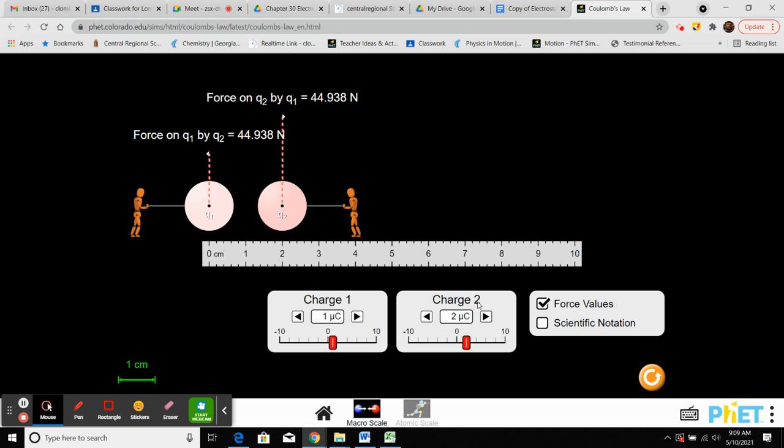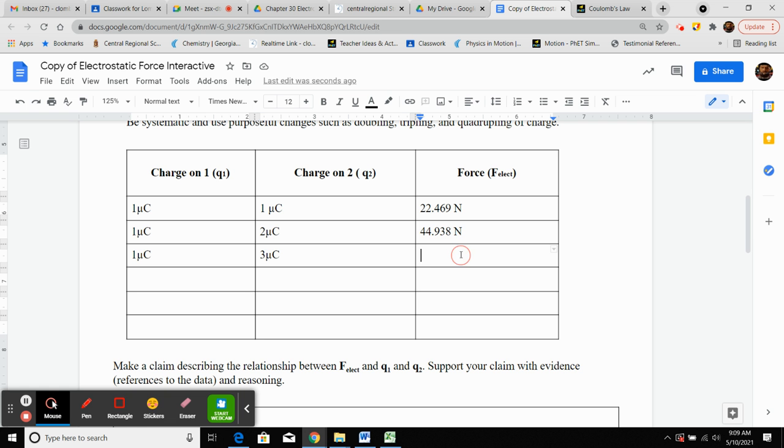So by tripling one of the charges, the original value should triple, not this number, because we're doing everything based off the original baseline. So if we triple that, we write down 67.407. And very good, it tripled.